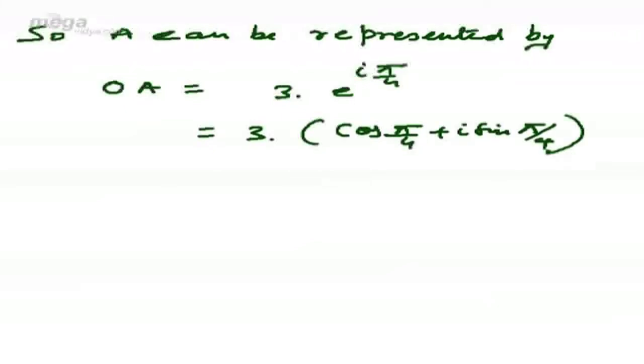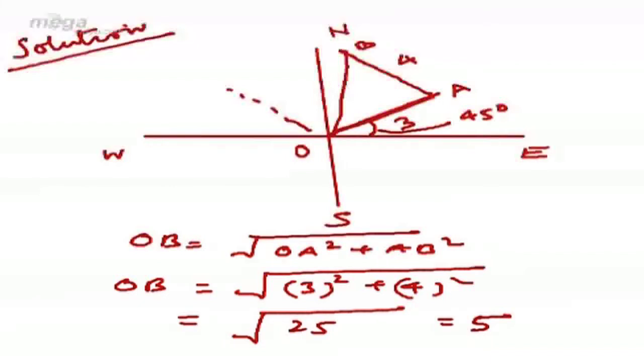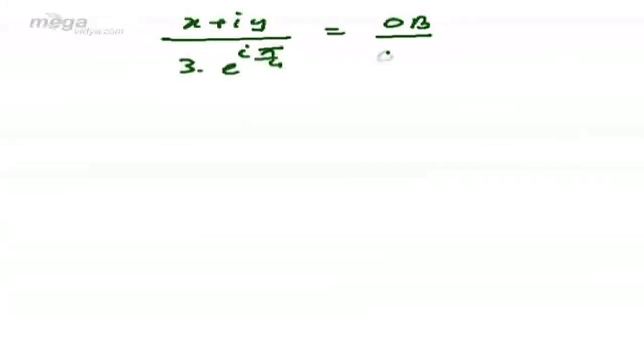Now if we rotate OA in the direction of OB and let x, y be the coordinates of B, then x plus iy divided by 3 into e to the power i pi by 4 is equal to length OB divided by OA into e to the power i theta. Theta is the angle between OA and OB.